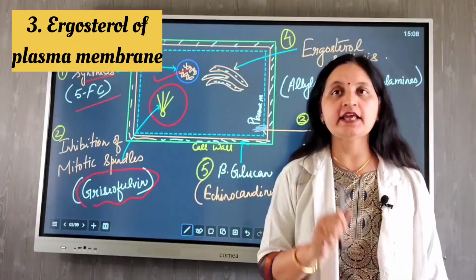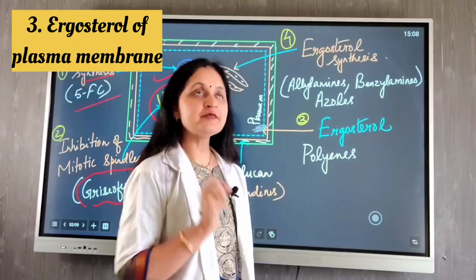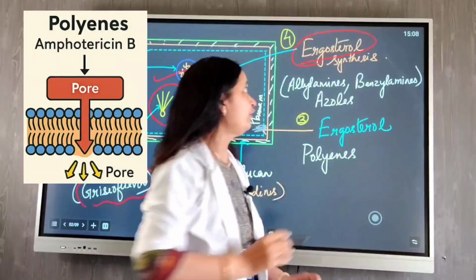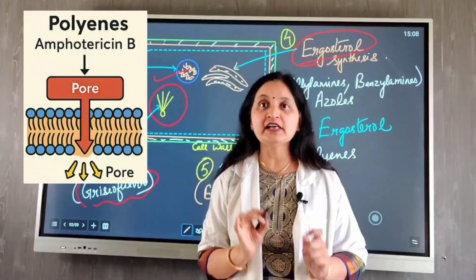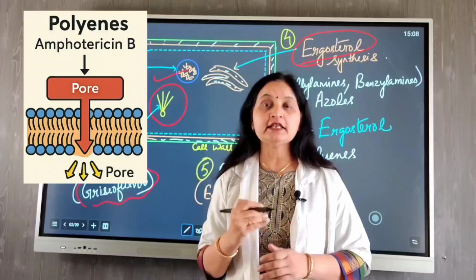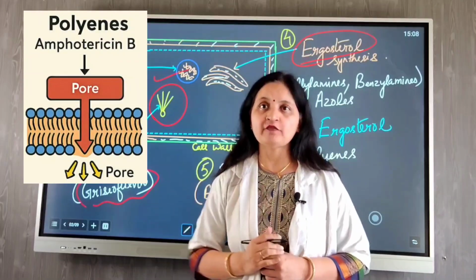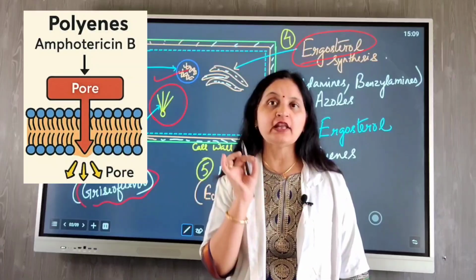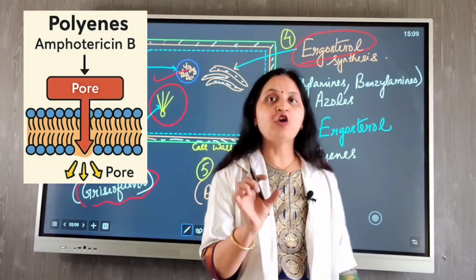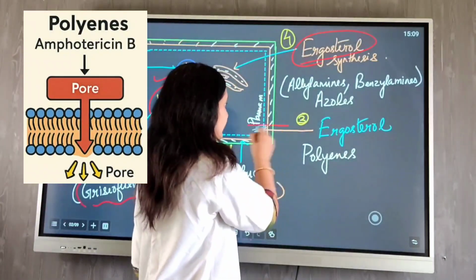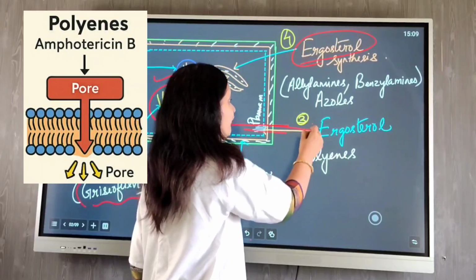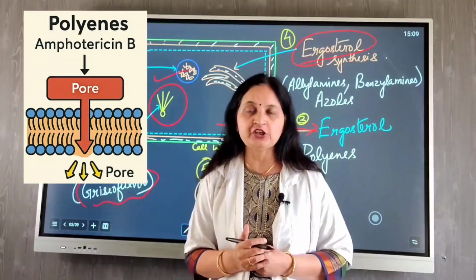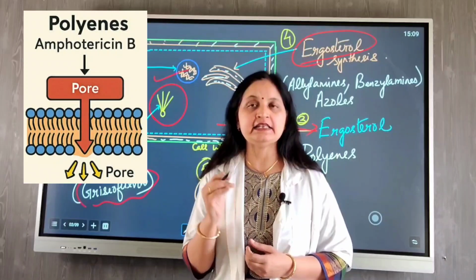The third target is ergosterol, which forms an important component of the cell membrane. Ergosterol forms an essential component of the fungal plasma membrane and helps in maintaining its integrity. Some drugs bind to ergosterol in the plasma membrane and form pores and channels, causing leakage of ions and molecules, and because of this leakage there is fungal cell death.